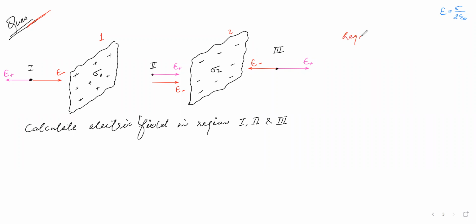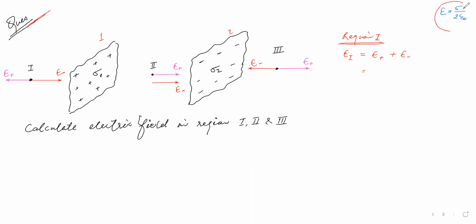In region 1, what will be the field? E of region 1 is equal to E plus plus E minus, since both of the fields in region 1 are opposite in direction. E plus is in the direction of minus x-axis, or you can say minus i cap.